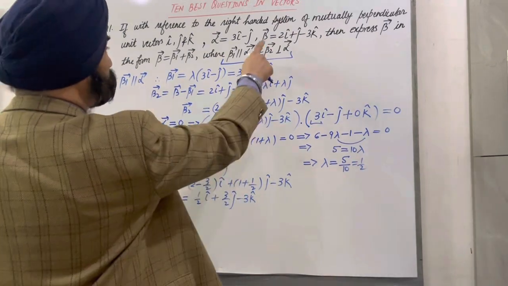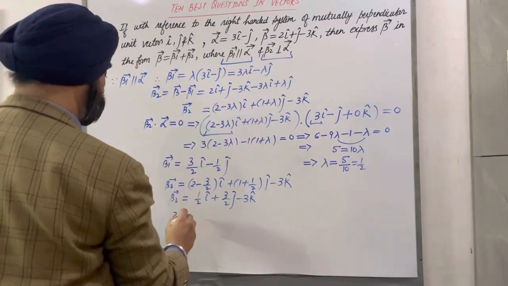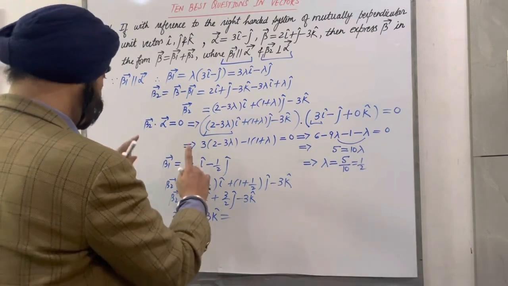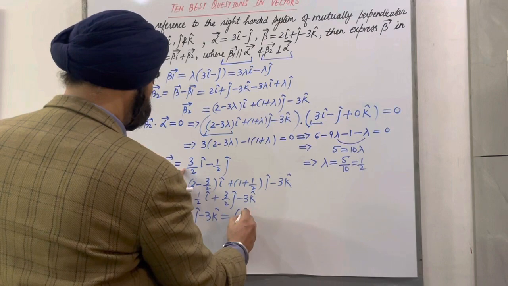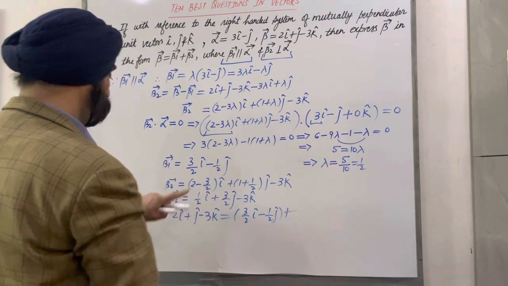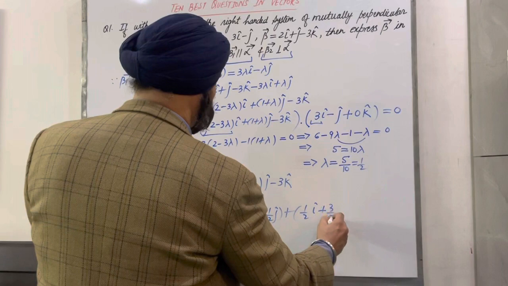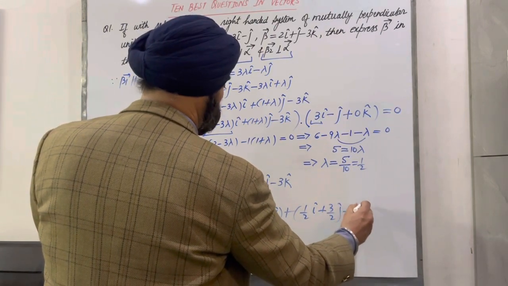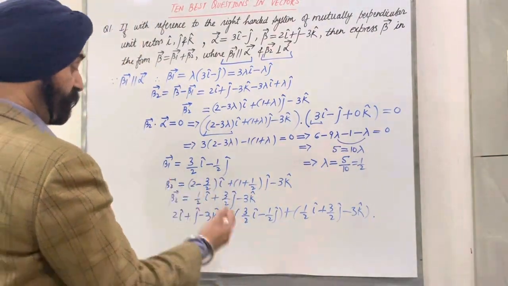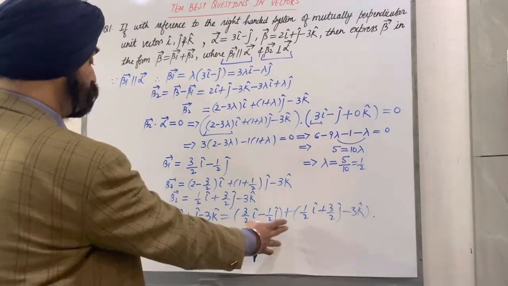The final step involves writing this beta vector, which is 2i cap plus j cap minus 3k cap, as the sum of beta 1, which is 3 upon 2 i cap minus half j cap, and beta 2, which is half of i cap plus 3 upon 2 of j cap minus 3k cap. A final check to verify if you have arrived at the correct answer or not is to combine the right hand side, and it should match with the left hand side.